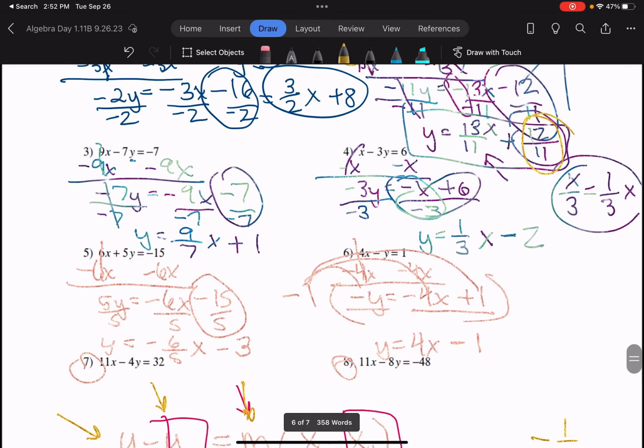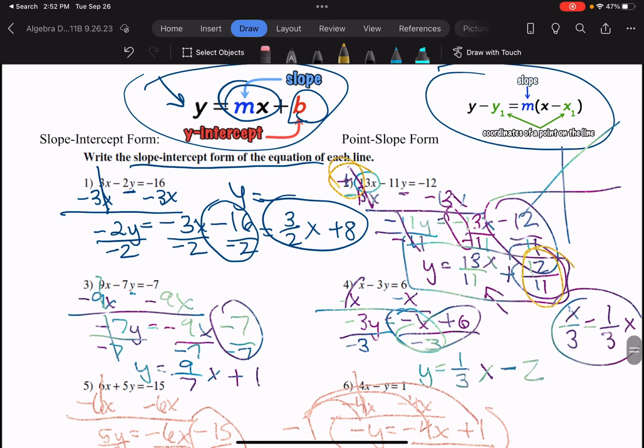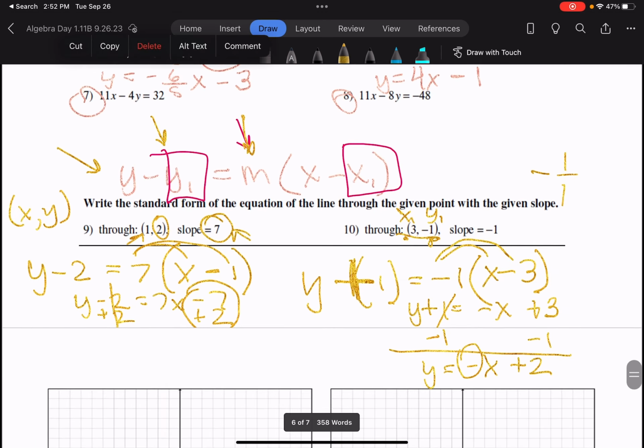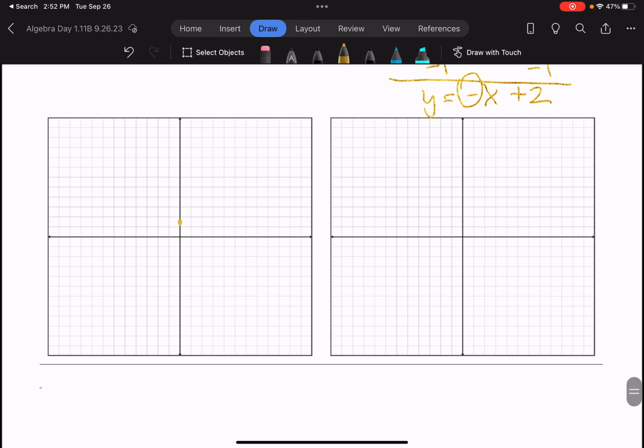And then our slope here is 13 over 11, and it's a positive slope. So we're going up 13 and over 11. So I'm going to count up 13, 1, 2, 3, well, actually it's just above, right? So 1, 2, 3, 4, 5, 6, 7, 8, 9, 10, 11, 12, 13, we'll estimate.